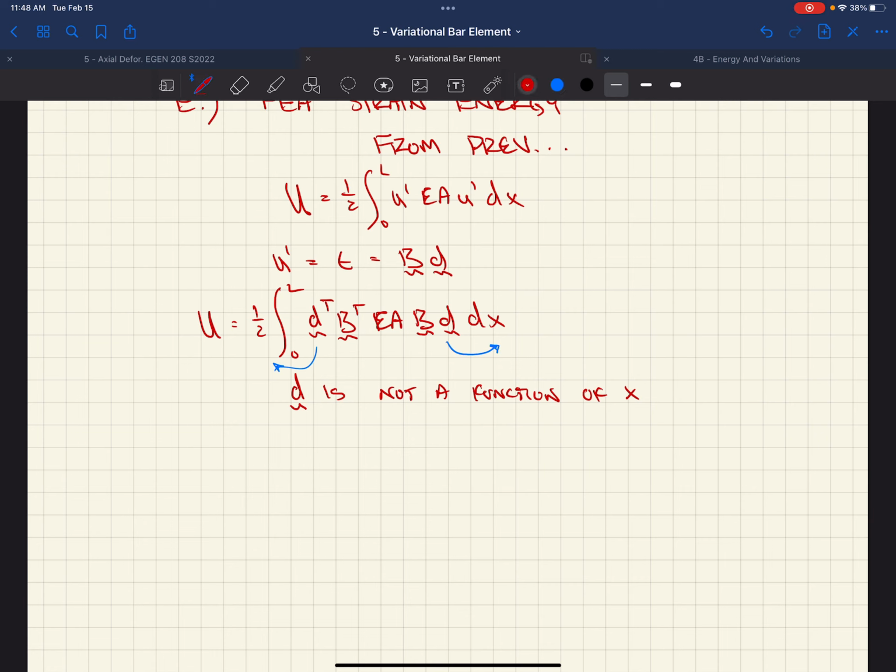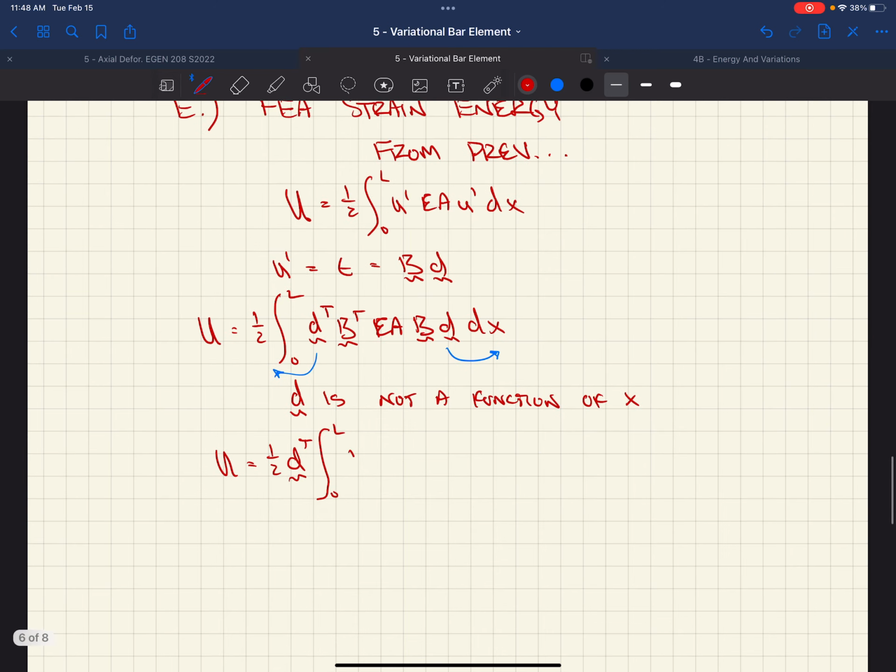So we're going to get that the strain energy is 1/2 D transpose, integral from 0 to L of B transpose EA B dx, times D.